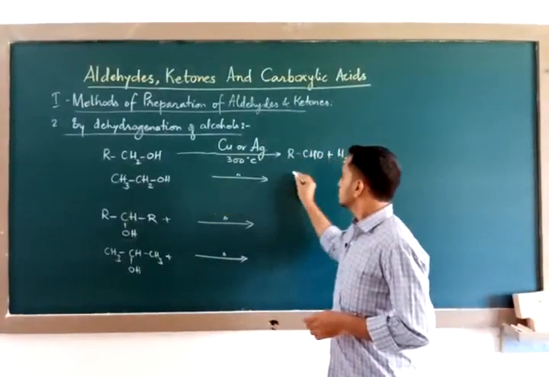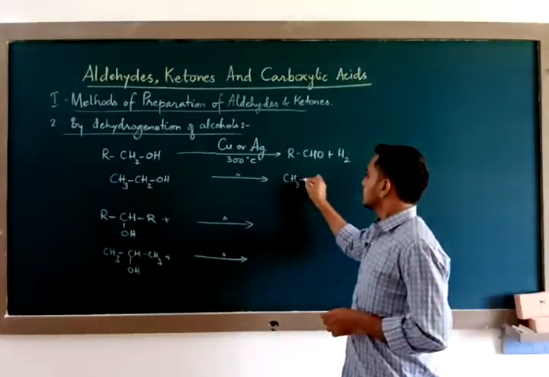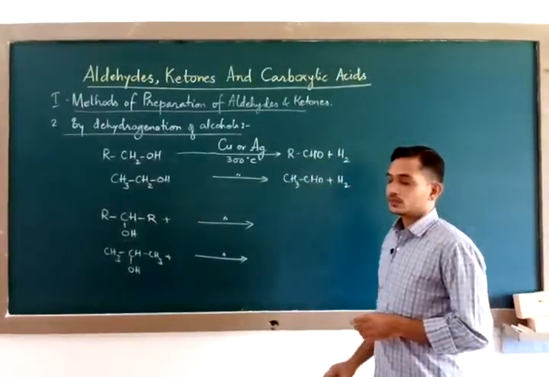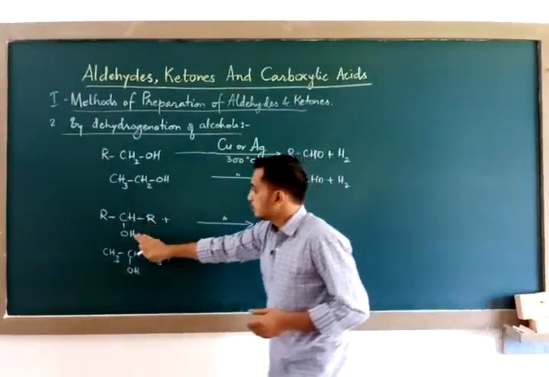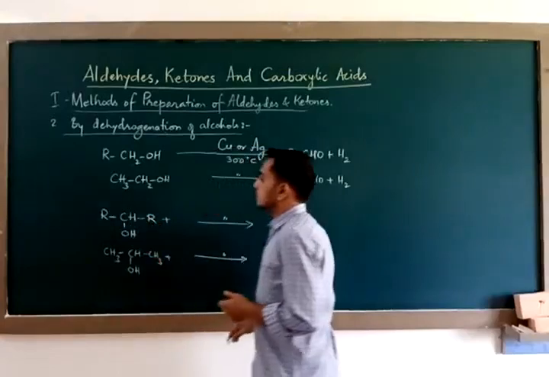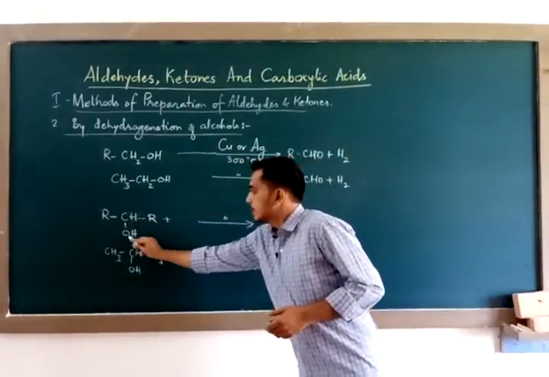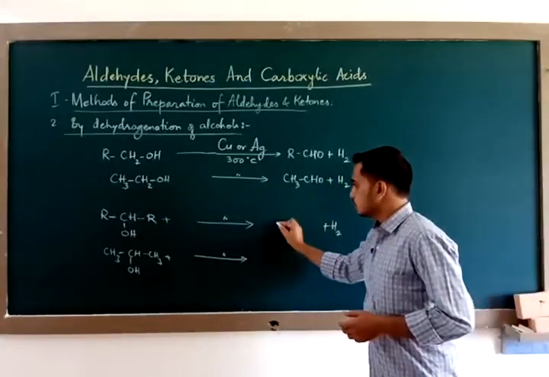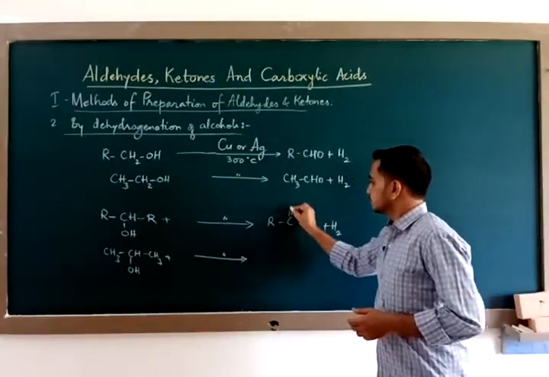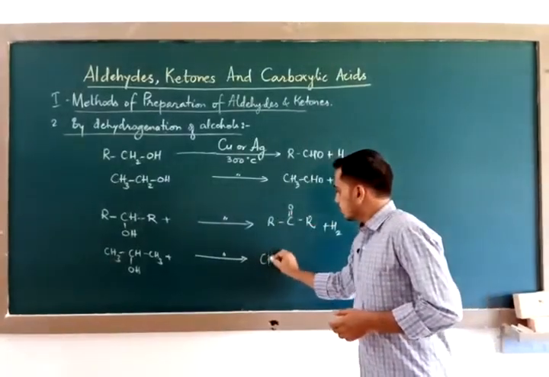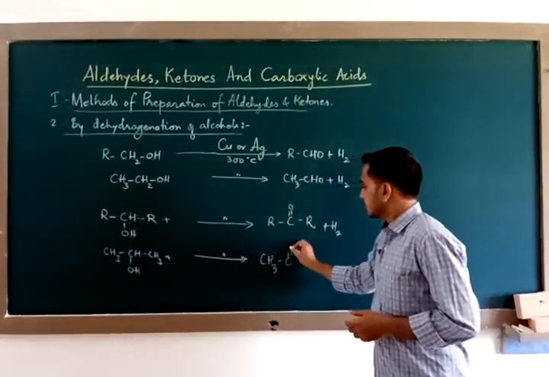Similarly, this will give you ethanal plus hydrogen. On the same lines, if a secondary alcohol is dehydrogenated, by loss of hydrogen you will get a ketone. Finally, for isopropyl alcohol, you will get acetone.